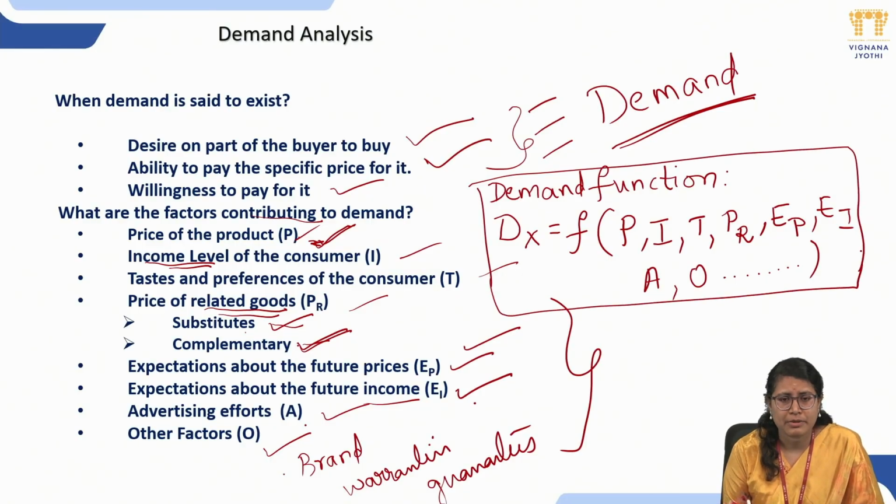So the demand function, simply how can you say it, is a relation between the quantity demanded. So here X is a product.